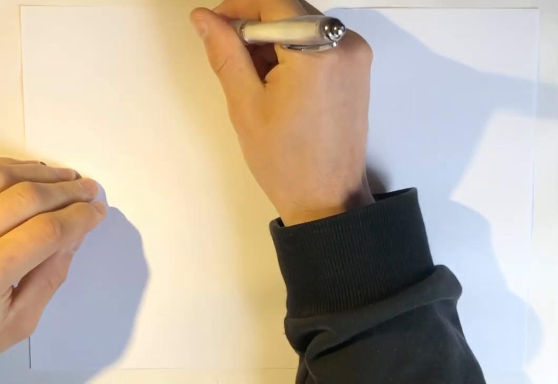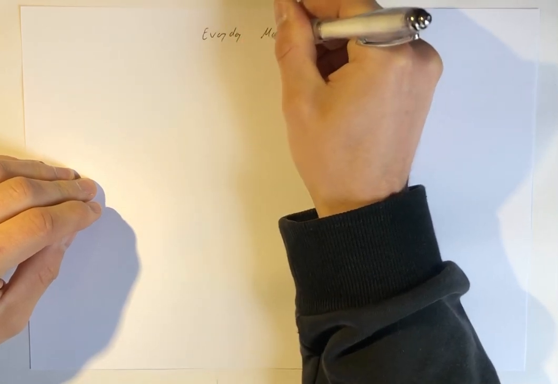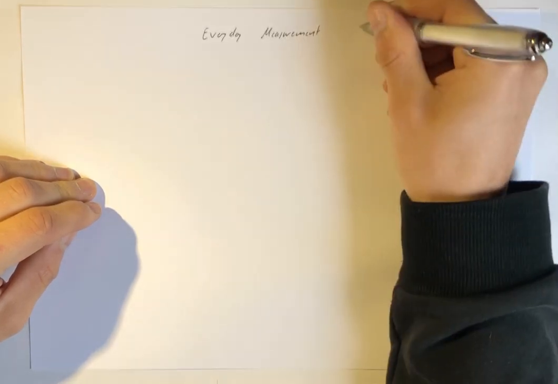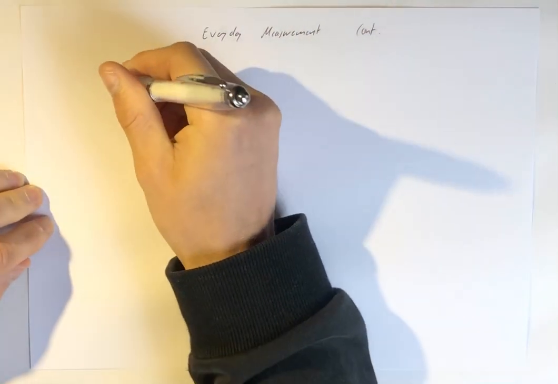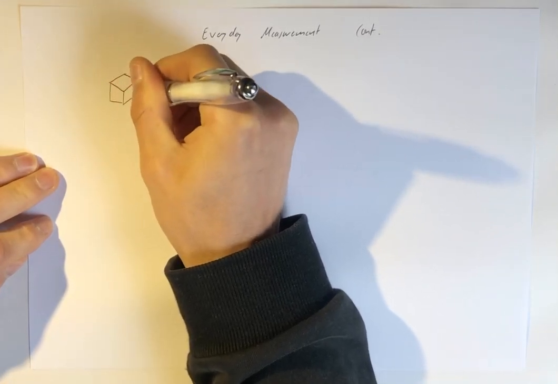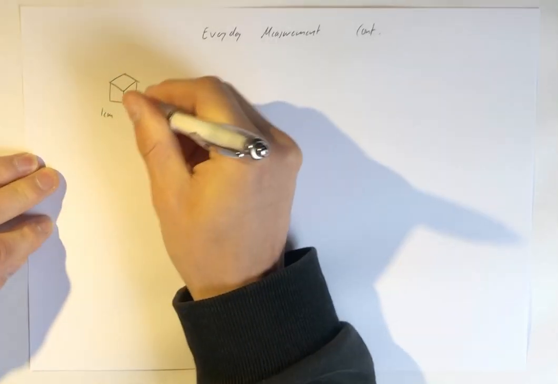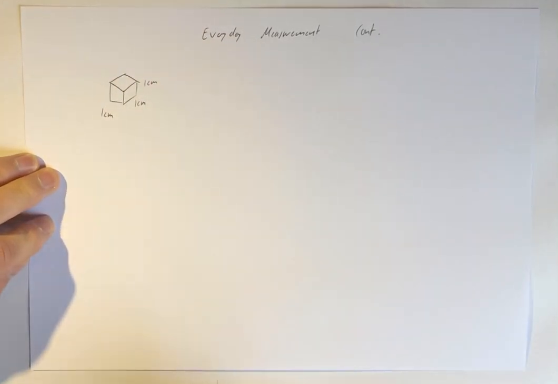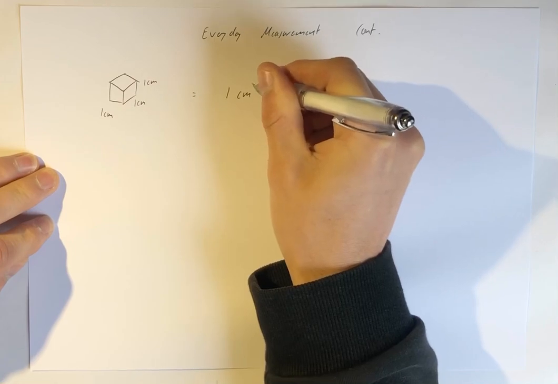So, everyday measurement continued. So if we had a 1 centimeter by 1 centimeter by 1 centimeter cubed, we would say that that is 1 centimeter cubed.